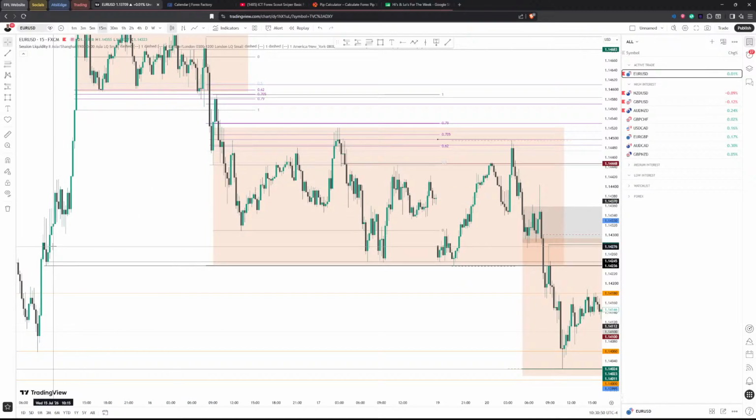And then the first target order block rejection.